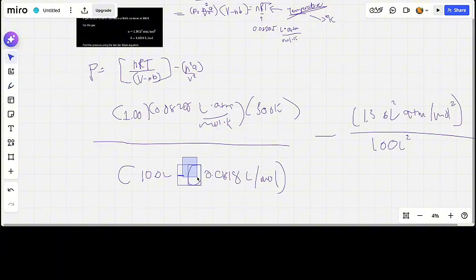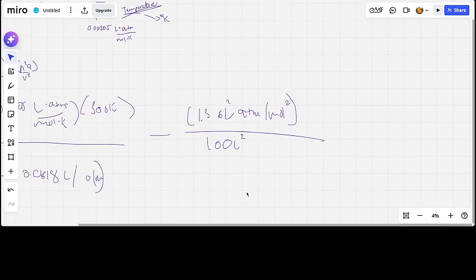Let me check if I'm right, then I'll correct it if I'm wrong. Minus 13.6 over 10.0.